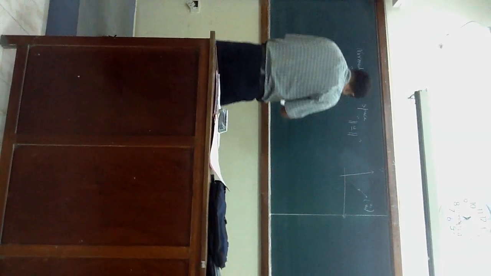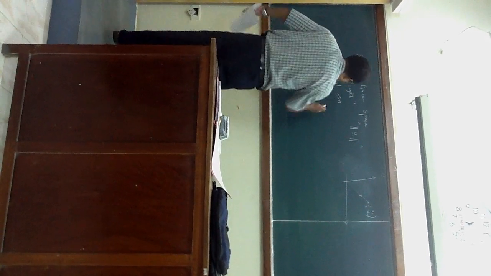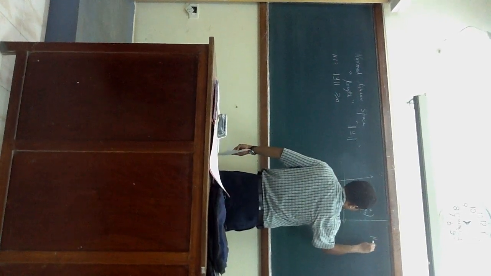We will define the norm from the metric space. The metric space distance d(u bar, v bar) is defined as the square root of the summation of (ui minus vi) whole square.